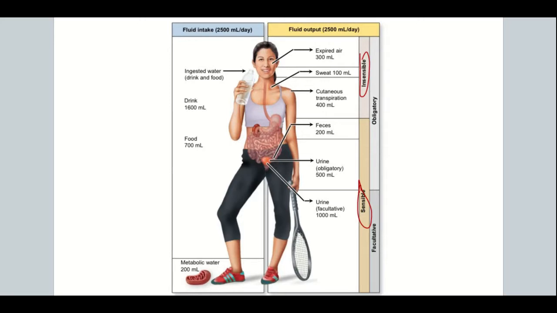Now, fluid imbalances with changes in osmolarity, where you're going to see movement between compartments, include dehydration and hypotonic hydration. Dehydration is where there's a greater water loss than your solute loss, okay? So you're losing water, okay?